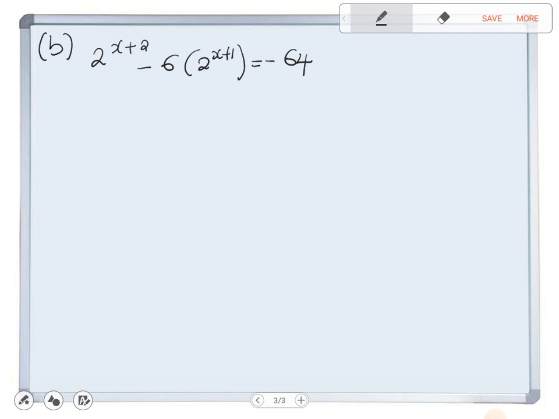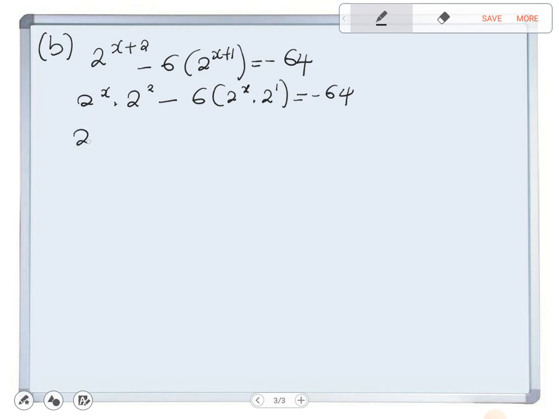So the way it is, we are going to rewrite this one as a base of 2. So this will be 2^x multiplied by 2 squared, right? Minus 6. We also have to rewrite this one as a base. This one is just the same as 2^x multiplied by 2 to the power 1. And this one is equal to negative 64.